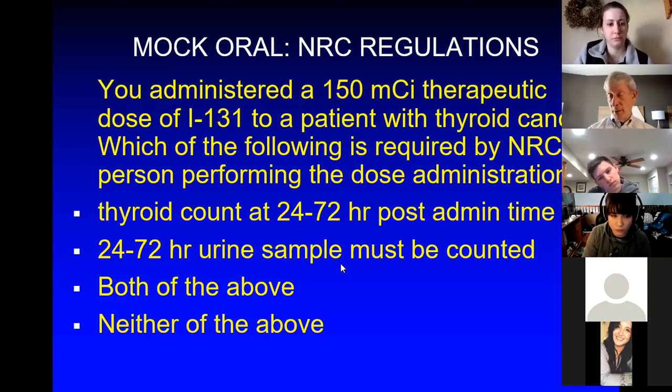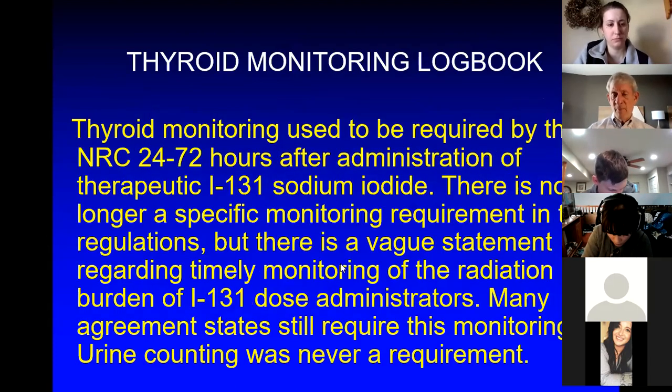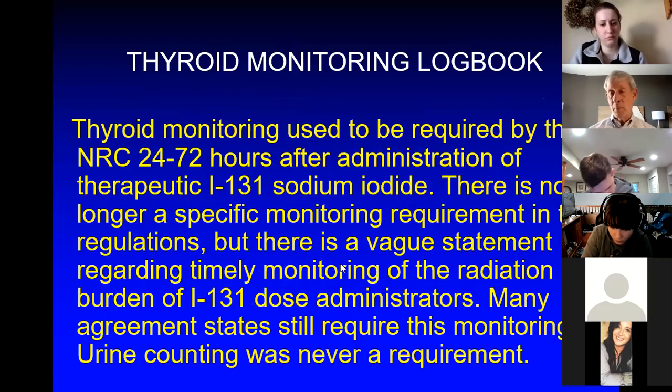Now, it's actually none of those. And in fact, there is a very vague statement in the regulations saying timely monitoring of the radiation dose of the dose administrator. I don't even know what timely monitoring means. It doesn't tell you, is it 24 hours? Is it 72? Is it a week? Is it 2 weeks? How do you monitor it? What do you count with? How long do you count?